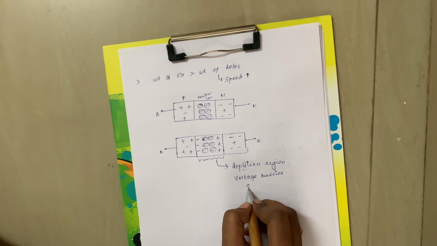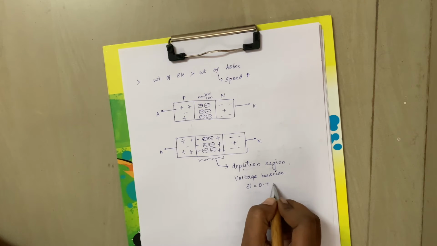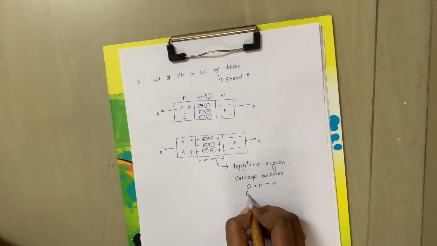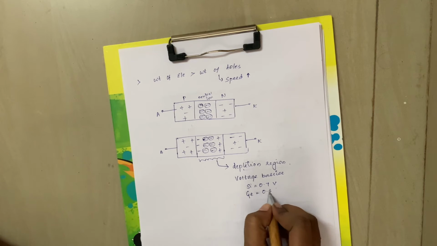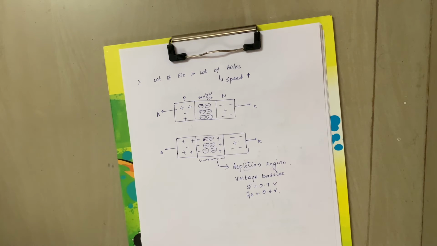For silicon, you will have 0.7 volt as a voltage barrier, and for germanium it is 0.3 volt. So this is all the construction.